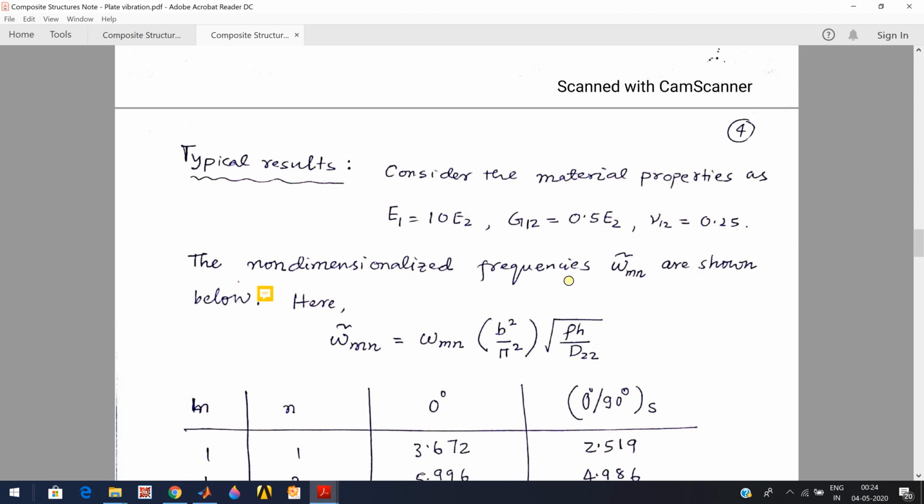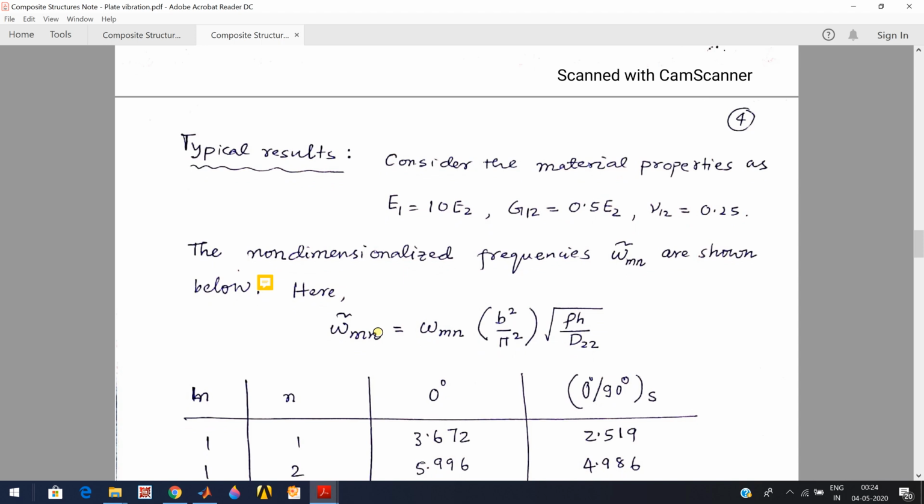Here the material properties are taken as this: E1 is 10 times E2, and then G12 is 0.5 times E2, and nu is 0.25. Then the non-dimensional frequencies omega mn are shown, and this is for a square plate.